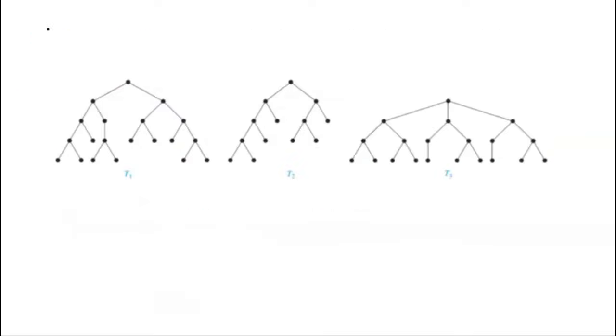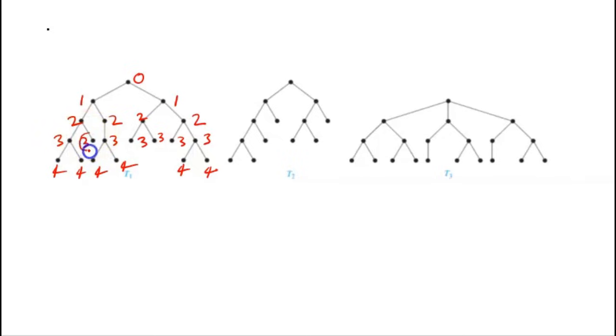To understand this, let us take this example. What is the label of this? The label of this is 0. What is the label of this? 1. What is the label of this? 2. All these vertices are at label 2. The labels of these are 3, 3, 3, 3, 3, 3, 3, and the labels of these vertices are 4, 4, 4, 4, 4, 4. So you can clearly see, what are the leaves here?